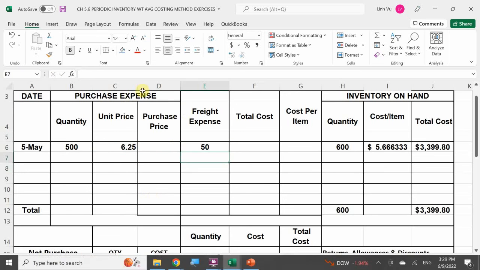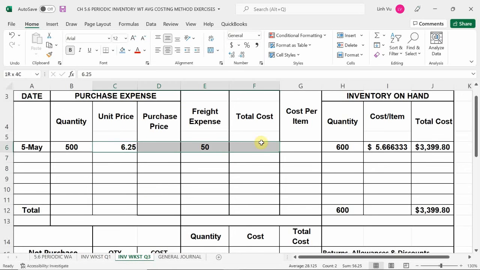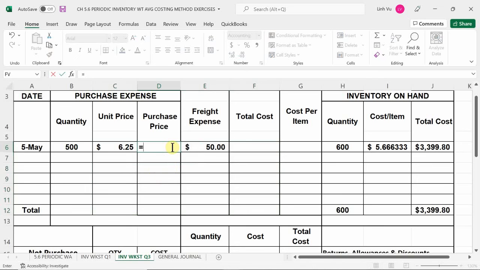So in this case, what is my total purchase price here? It's $3,125. Yes, I'm going to use cell referencing to put in my formula here. So it's my quantity times my unit price. What is my total cost?